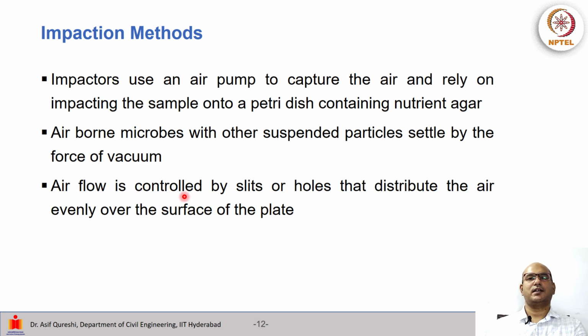The airflow is controlled by slits or holes that will distribute the air evenly over the surface of the plates. So this is a plate and the holes are such that we have an even distribution of air over the plate, and the microbes will basically deposit onto the nutrient agar.